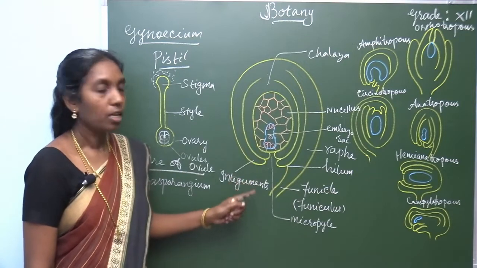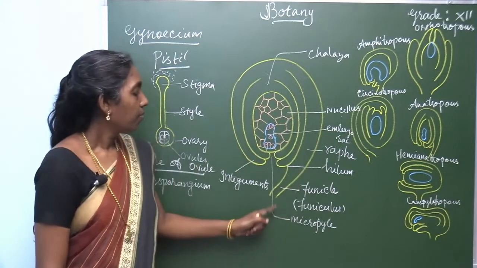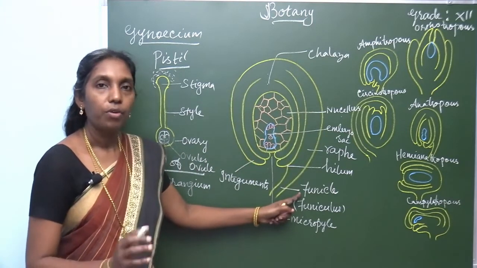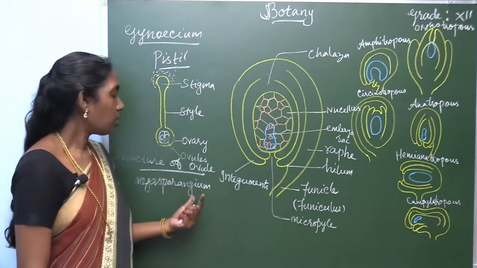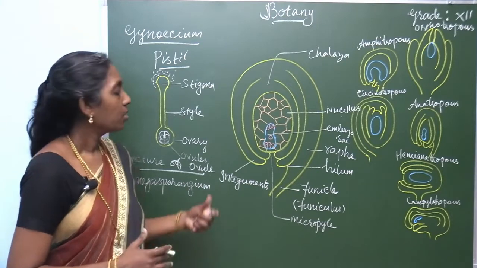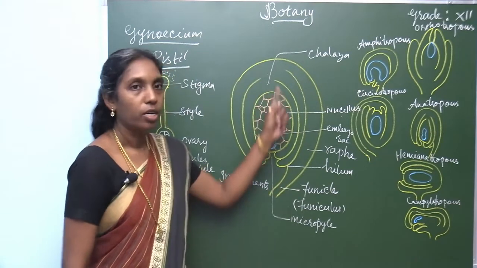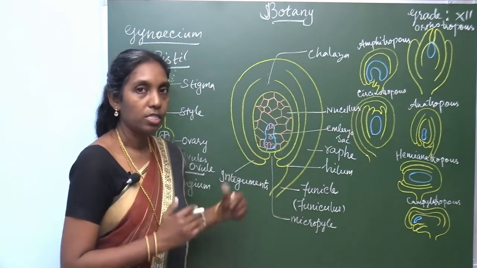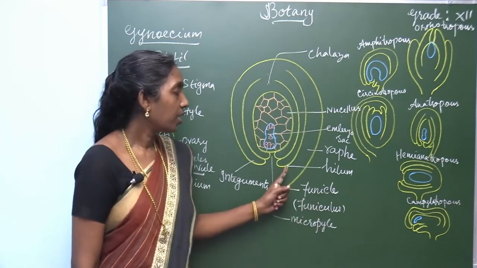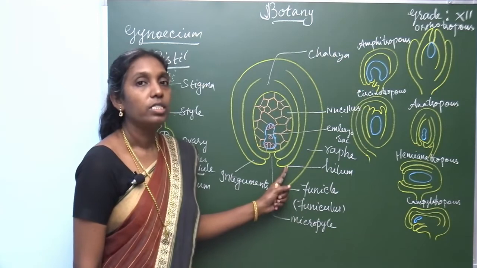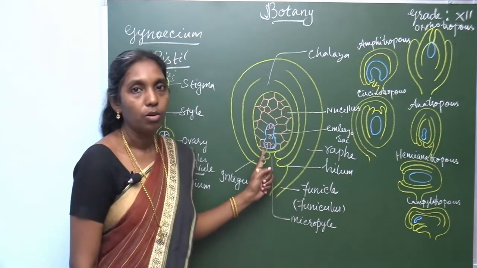When you are learning this question, draw this diagram. First you learn all the parts. First part is funicle, the stalk of the ovule. The ovule is otherwise called megasporangium, made up of a stalk and the body. The stalk is called funicle or funiculus, and hilum connects the stalk with the body of the ovule.